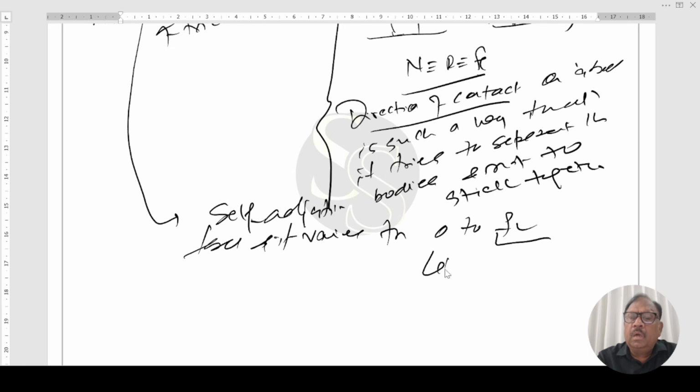FL is the limiting force of friction, that is equal to mu s n.